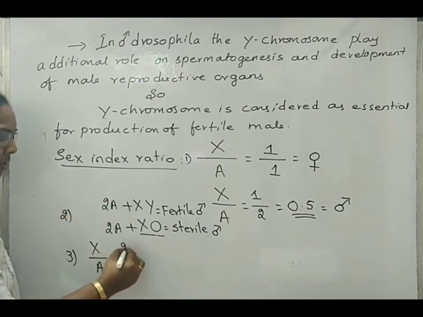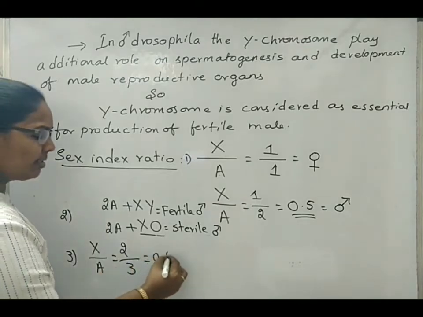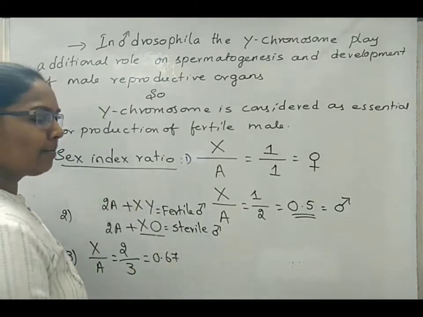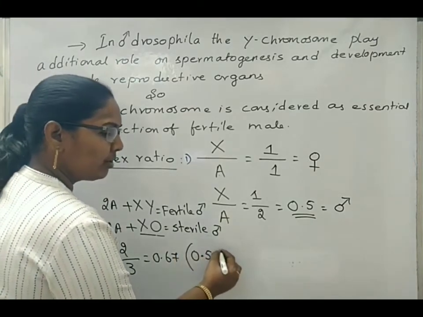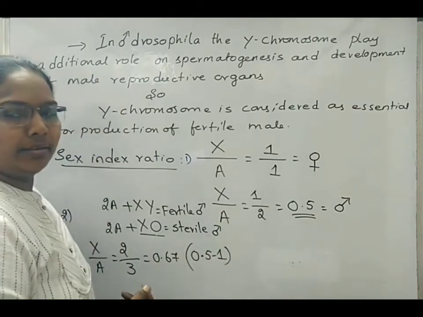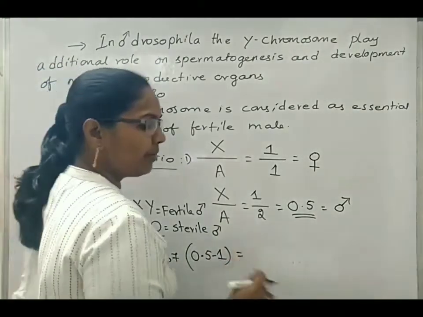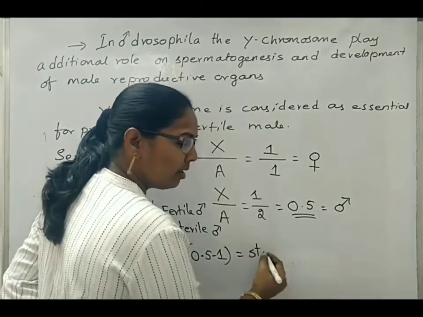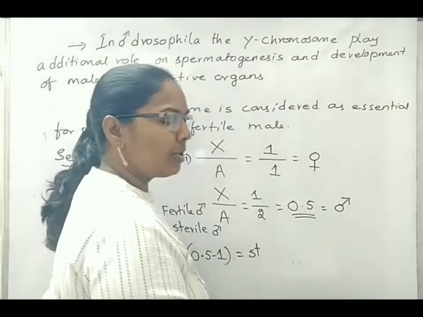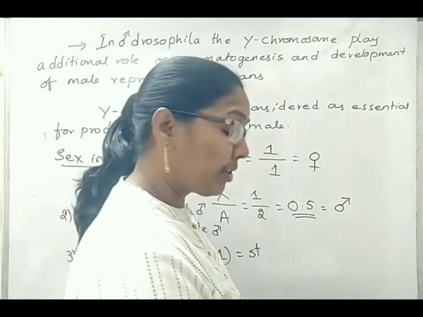If the number of X chromosomes is 2 and the number of autosomes is 3, then the answer will be something like this in points. It is considered as the ratio between 0.5 to 1. Then such type of Drosophila are considered as sterile Drosophila, or we also say they are intersex type of Drosophila.